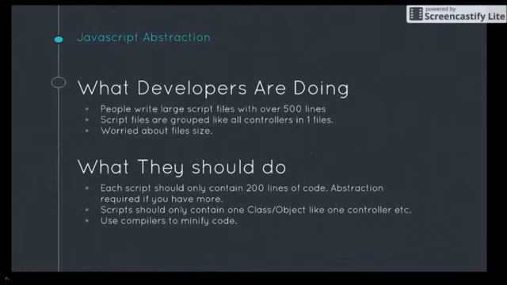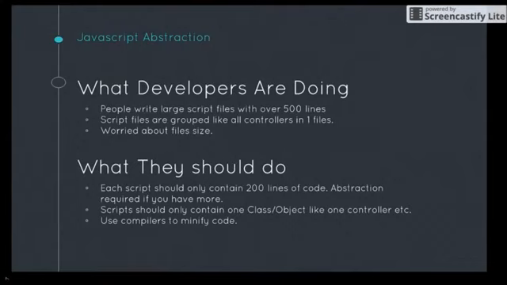It's good for readability, very good for your architecture, and easier to maintain. Because clearly if you've got more than 200 lines of code, something else is happening. That's not a service anymore. You're adding things that maybe should be in a controller or something like that. You need to look at your code.